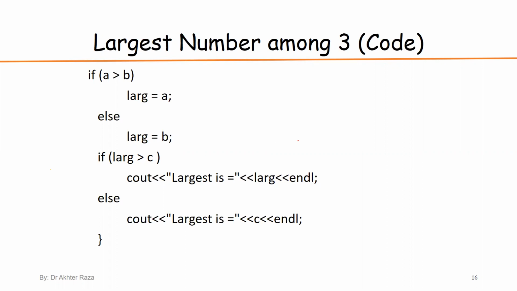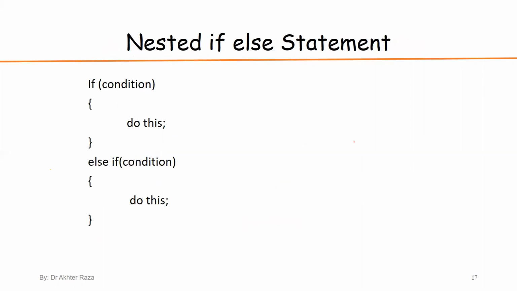So this is done with the help of the if structure, the if else structure. This is another structure known as the if else structure. In an if else structure, a condition is tested, and if the condition is true, then it will do this. If this condition is false, it comes to the else if, and another condition is tested. If this is true, then do this.